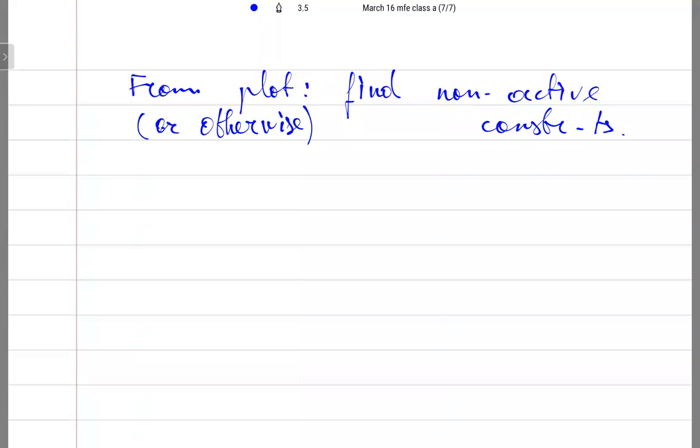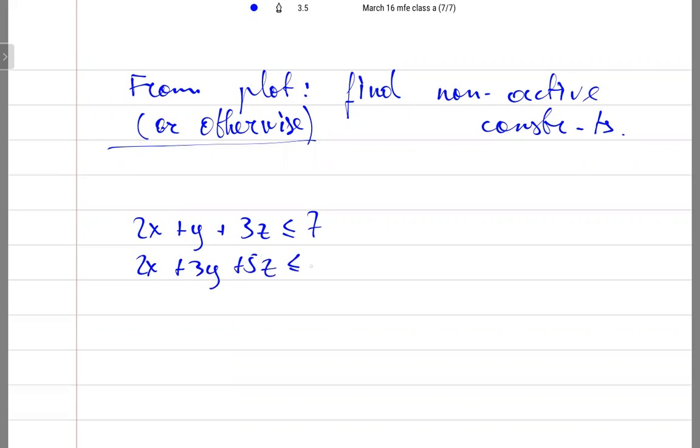For example, what may be other reasons, even if I have 3 variables and I have 2 inequalities? One is like that, and the other one is like this. I see that if I have two inequalities A and B, A follows from B. If B is satisfied, then A is satisfied.